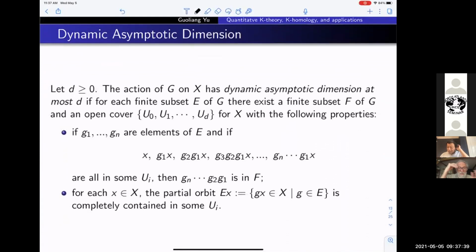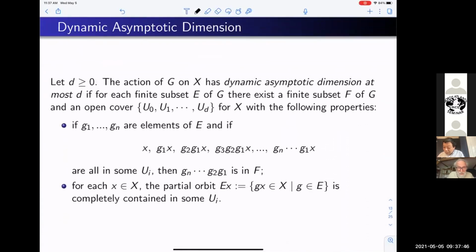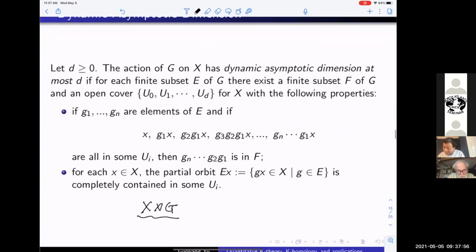Roughly, here is the concept, maybe I'll say it in a different way. If I have an action on a compact space, of course, you have a groupoid. Now, in the direction of the group G, if you are given finitely many elements, you can always cut the space X into finitely many pieces.